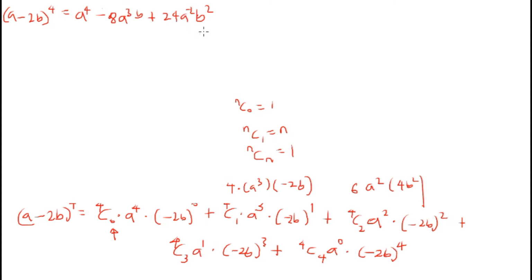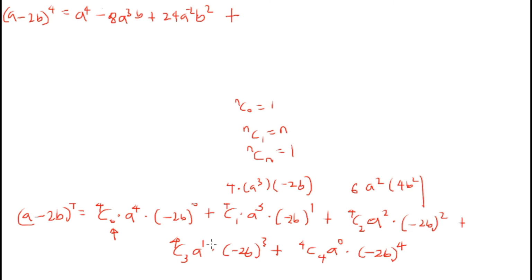Notice that this is the first term, this is the second term, this is the third term. And then for the fourth term, that's 4 combination 3, which is equal to 4.